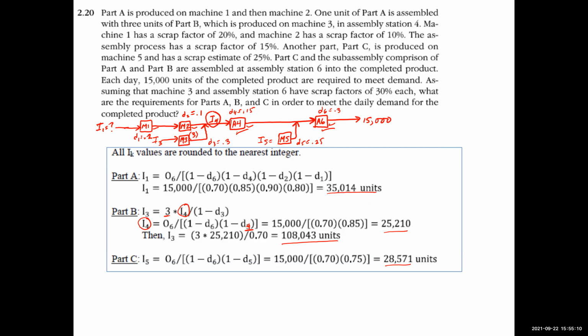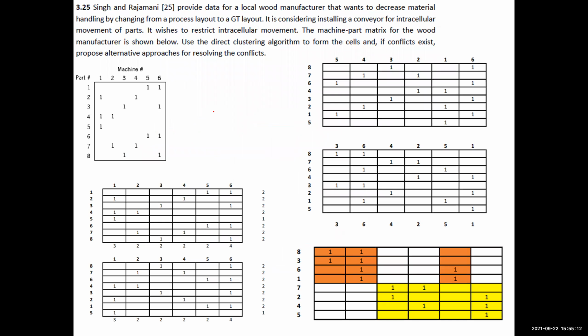What we have next. Okay, so this one we did. I think this is coming from the homework as well. We did a couple of examples in class, and then we also had a lab. This problem is coming from the problems in the assignments. And we have data for a local wood manufacturer that wants to decrease material handling by changing from a process layout to a GT layout, or cell manufacturing layout.